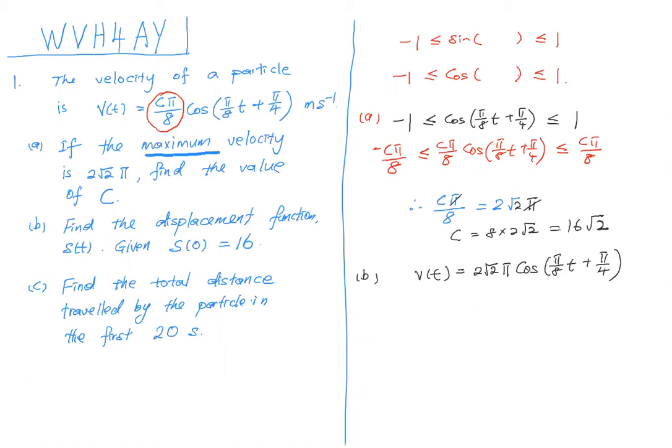Can I put it like that? Right? Yeah. So now if I want to find the displacement function, what must I do to the velocity function? Integrate it. Yeah, so can you please integrate this?